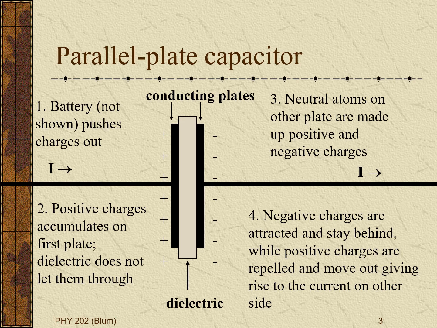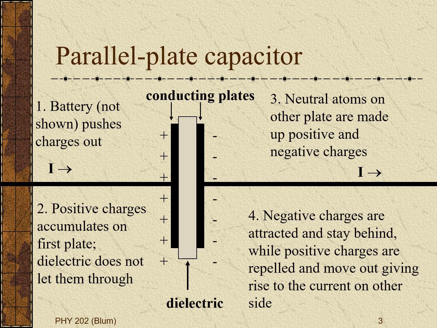The other plate consisted of atoms with positive and negative charges, protons and electrons. The negative charges are attracted by the positive charges on the other side, and they will stay around as they're attracted to the positive charges on the first plate.